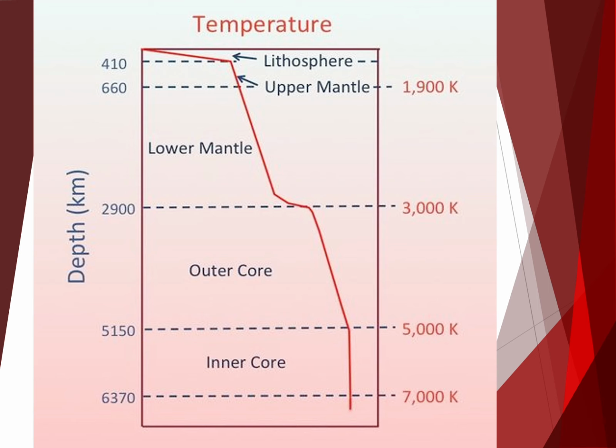This steady increase, as you go down, is caused by the release of residual heat from when the planet formed. For every kilometer in Earth's crustal interior, the temperature increases by 25 degrees Celsius. Temperatures in Earth's mantle and core level off. The core is thought to be about 5,000 degrees Celsius.